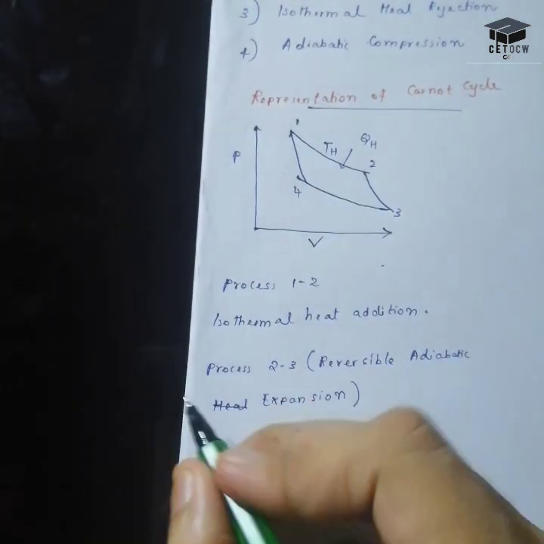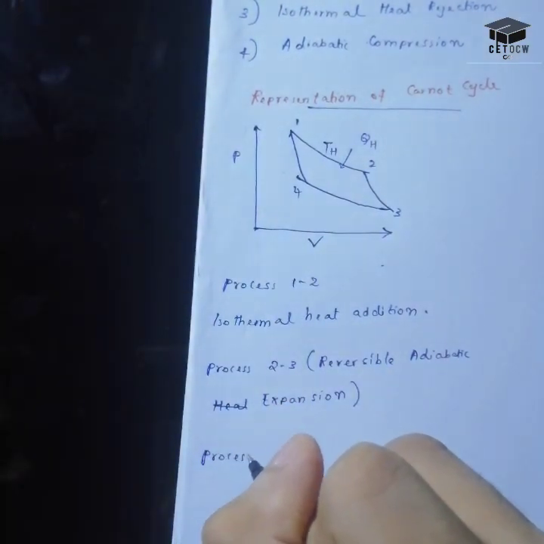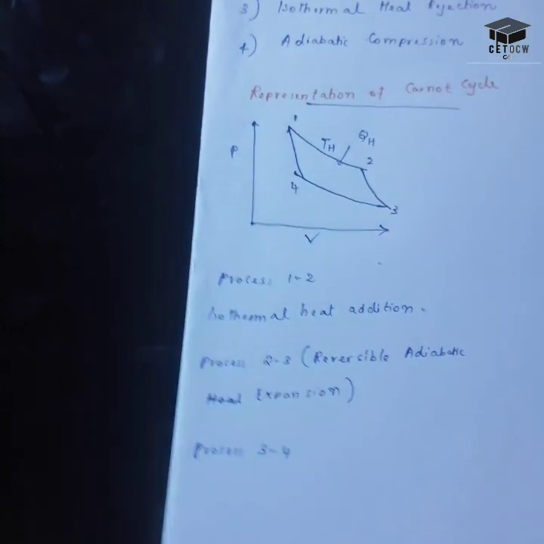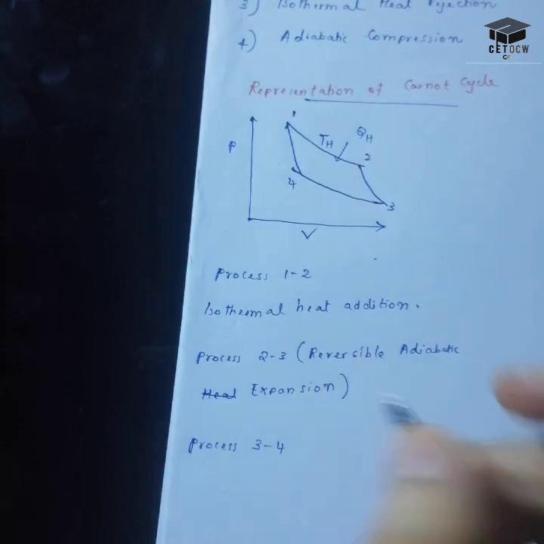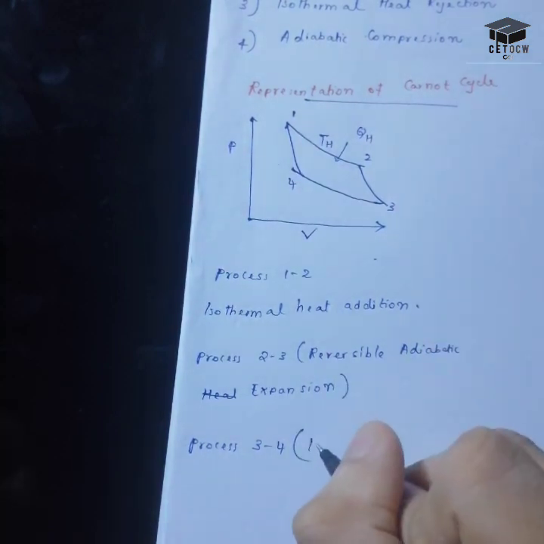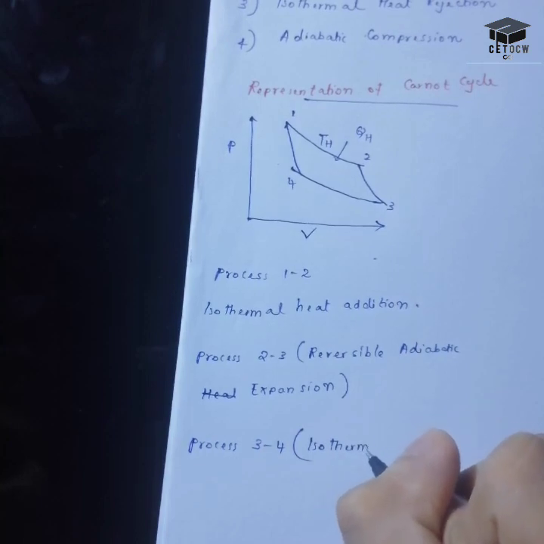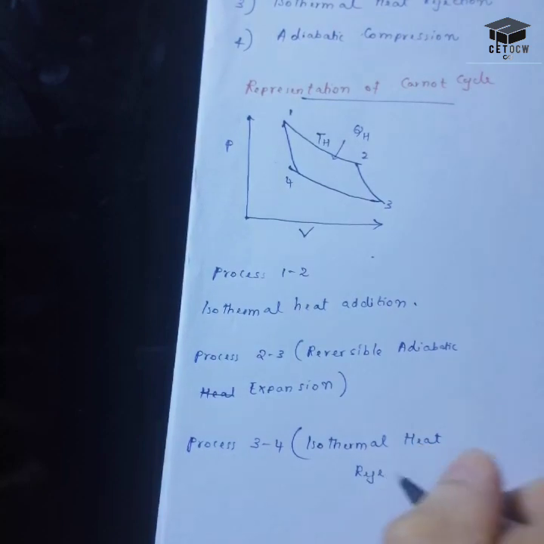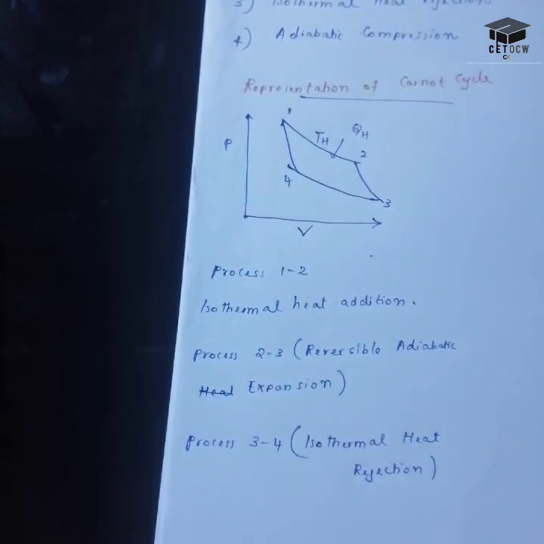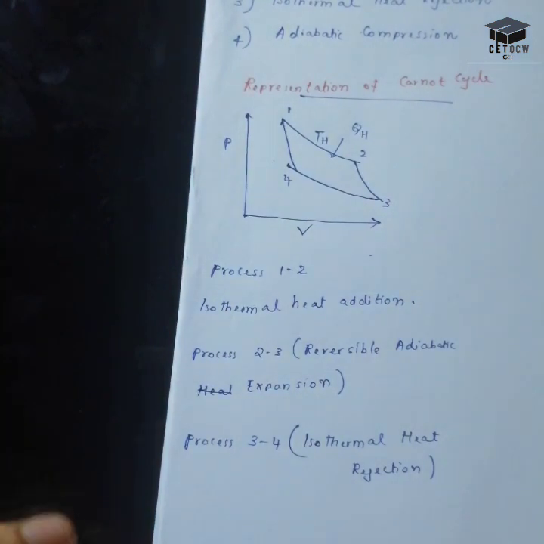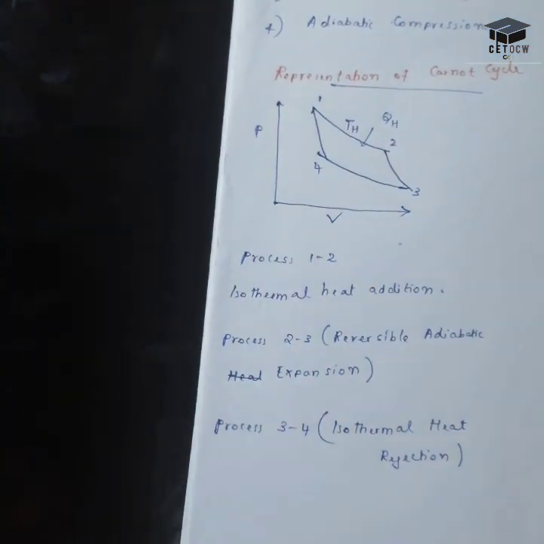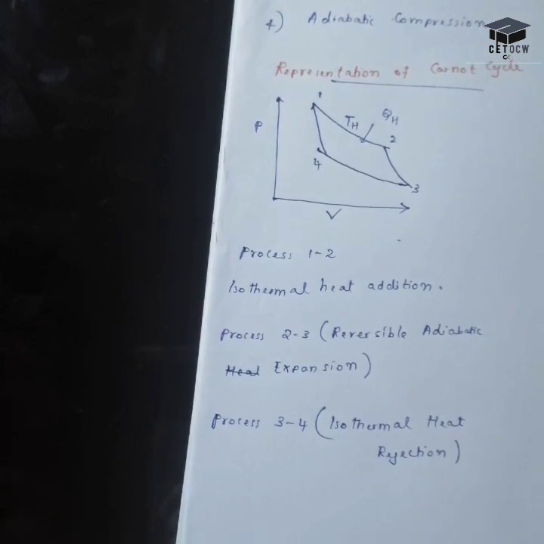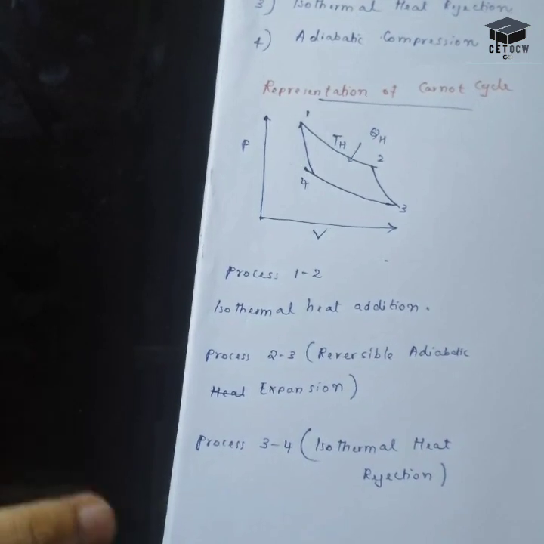So the next process, 3 to 4, is isothermal heat rejection. Here the piston moves from volume V3 to V4. Since the process is isothermal, the temperature remains constant, and a certain amount of heat is also rejected from the engine.